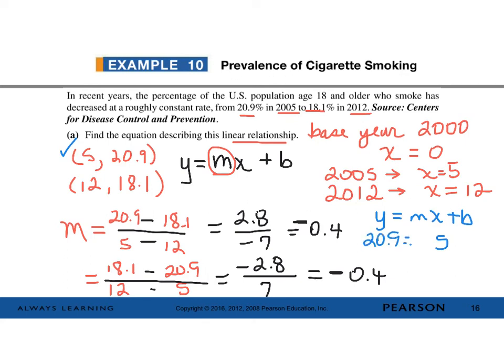The slope is going to be negative 0.4 plus b. And negative 0.4 times 5 is, I believe, negative 2, but I will verify that. And it is indeed negative 2.